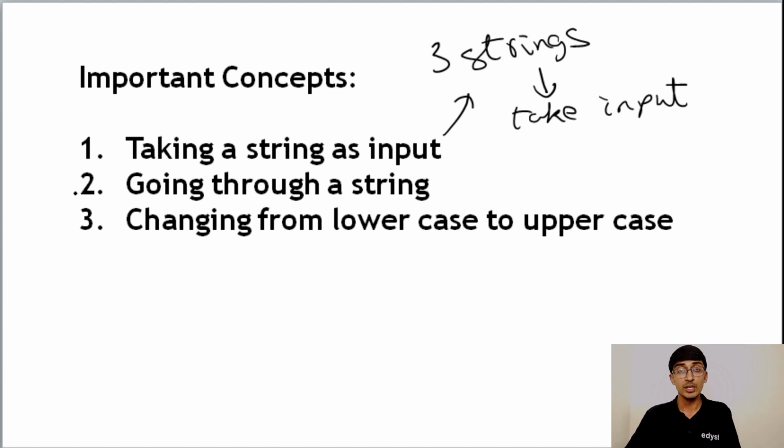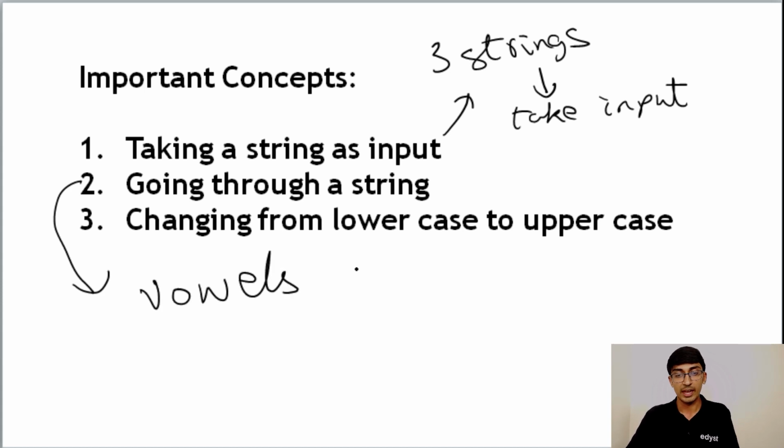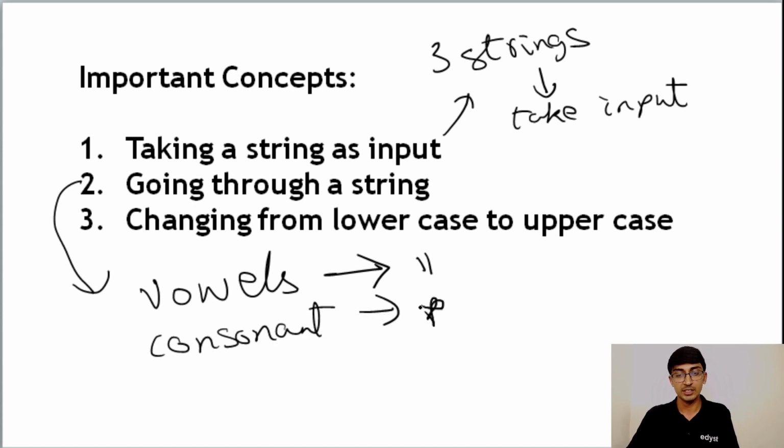Then in each of these strings, we have to do certain operations. Like some places we have to take vowels and convert that into a quote, or take a consonant and convert that into an asterisk, or take a lowercase and convert it to an uppercase.